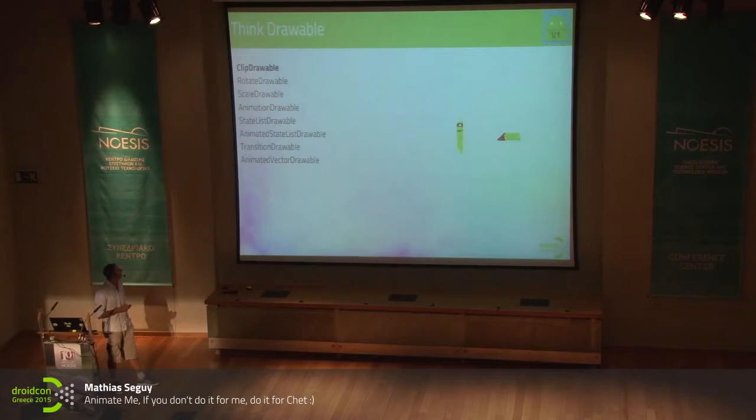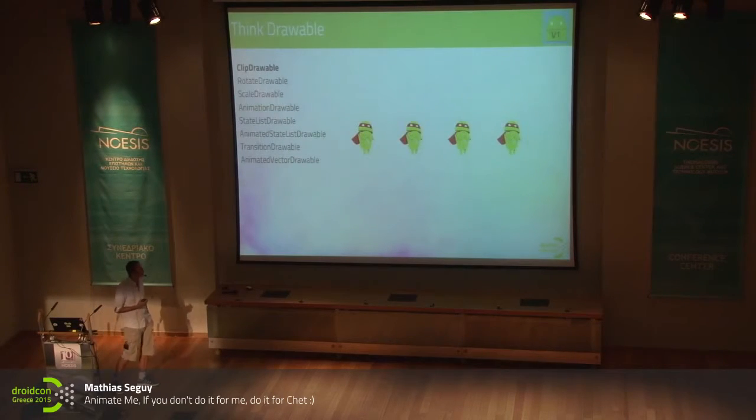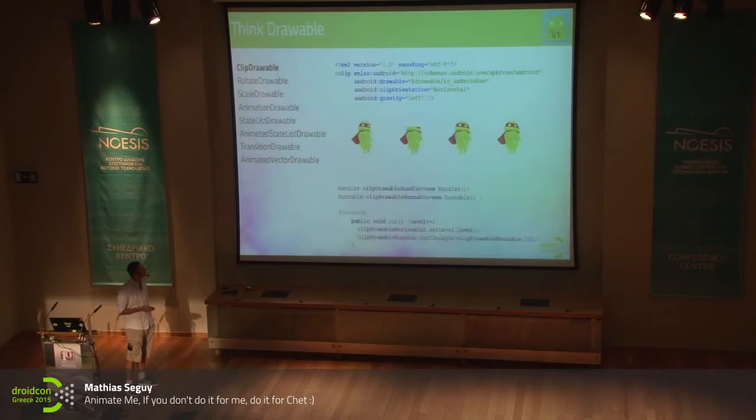So now, as we know how to get the drawable, we're going to look at which drawables we can implement. The first one is ClipDrawable. It's a drawable that hides or shows the drawable inside, behind, as you want. So you just have to define your drawable in an XML file. In the ClipDrawable, you say which drawable you want to clip.